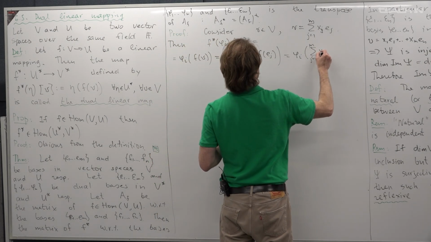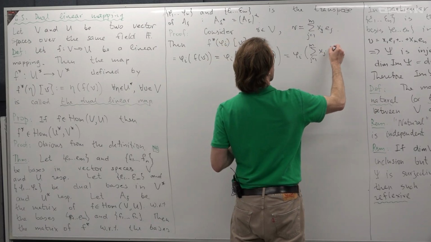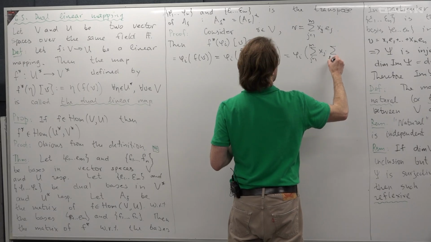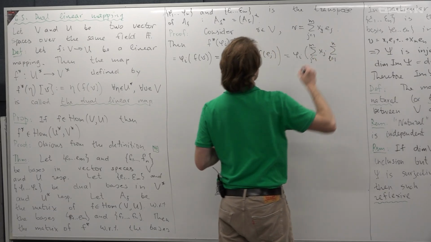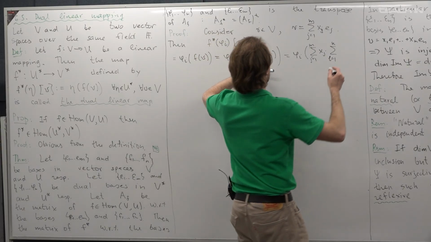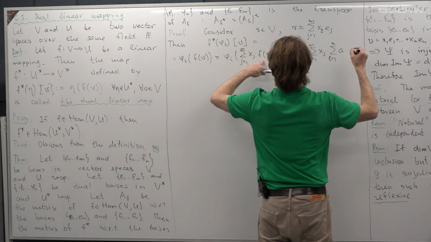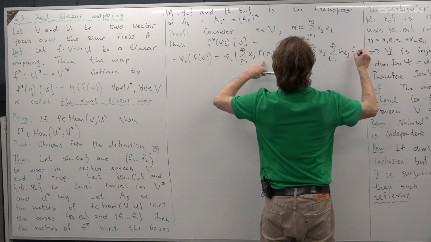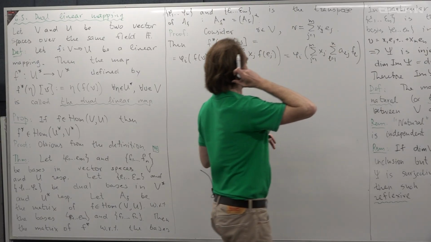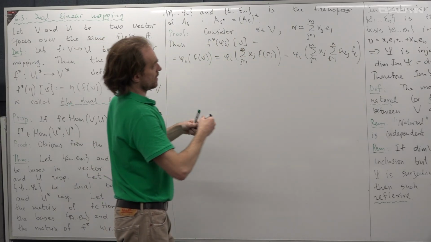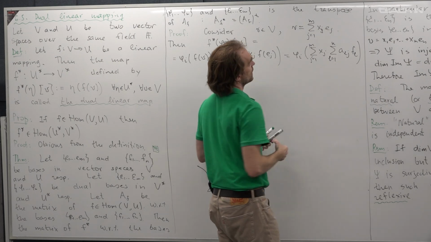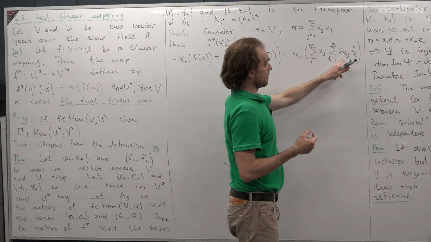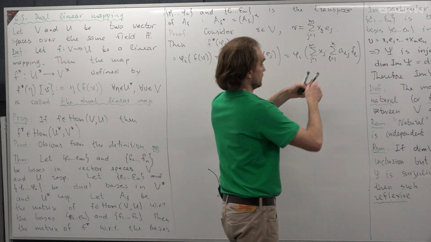So the first sum remains unchanged, and here we write the second sum where l ranges from 1 to n, and here we put a sub lj multiplied by f sub l. So these are the elements of the matrix of the mapping f.